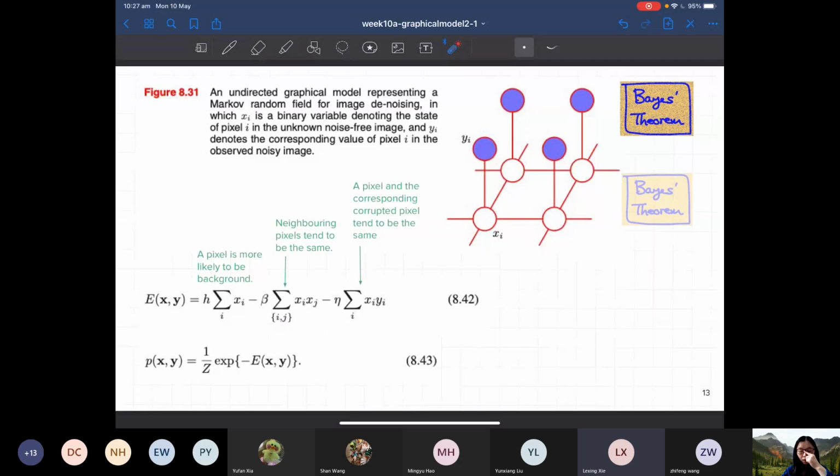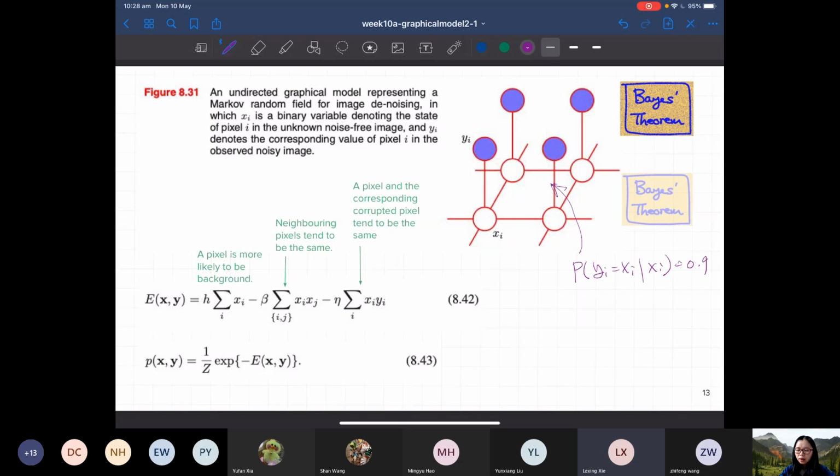Furthermore, the dependency situation of X and Ys is that given X, the Ys are independent of all the other variables. This is reasonable because, as we said on the last page, the probability of y_i equals x_i given x_i is 90%. We said we flip 10% of the pixels. This is what this dependency edge means.